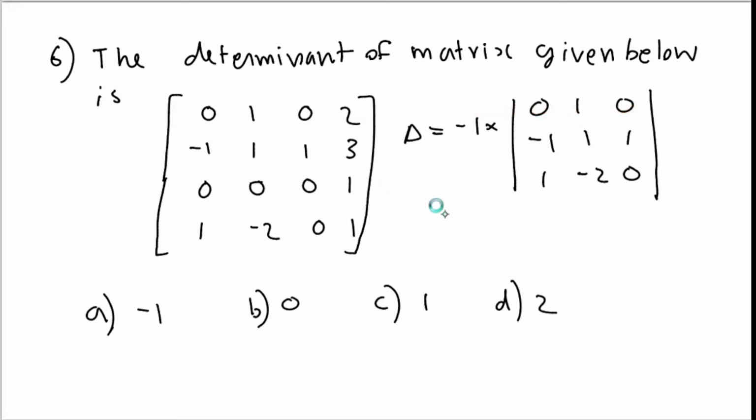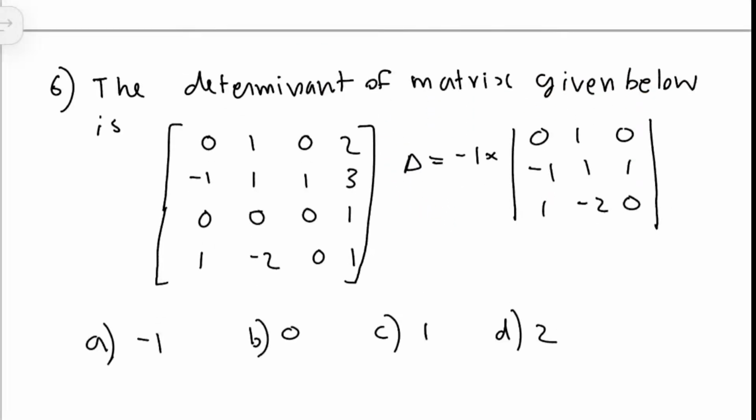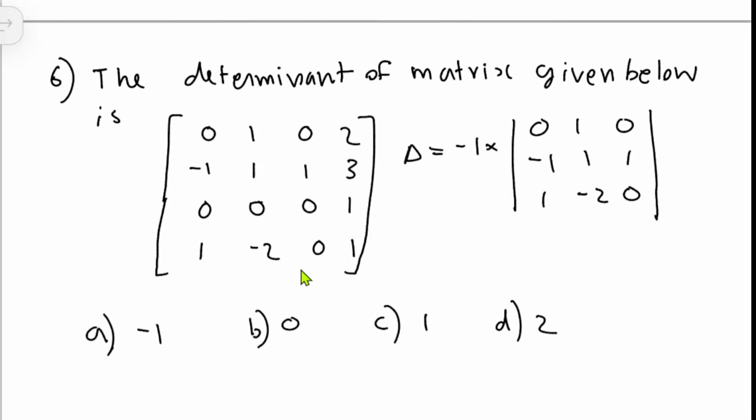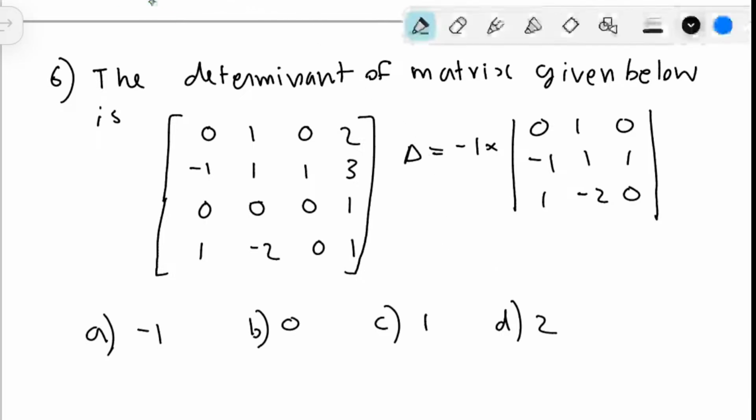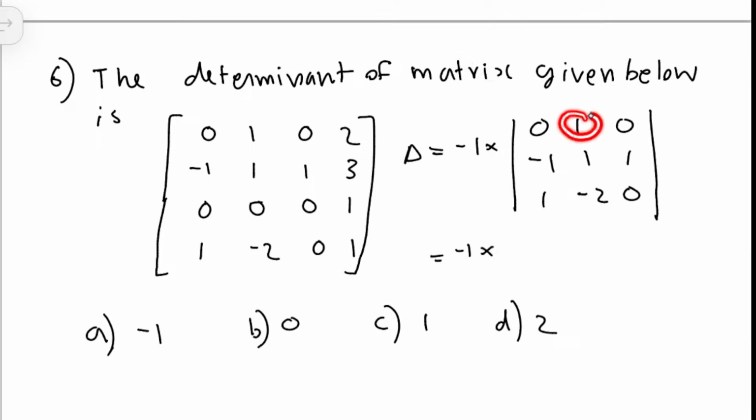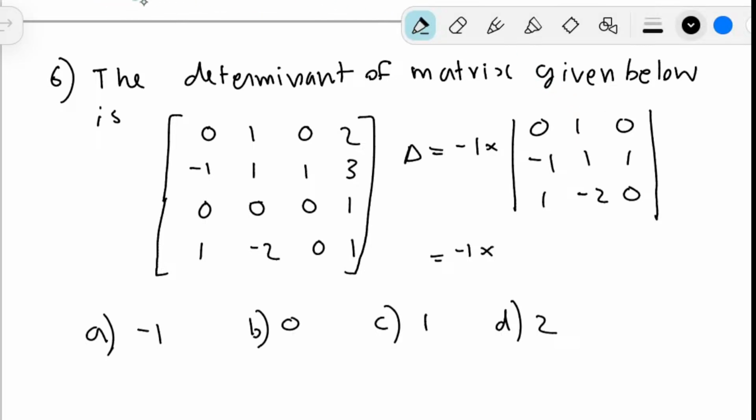So we can write minus 1 into this element, which is in the first row and second column. 1 plus 2 is an odd number, so we have a negative sign here.